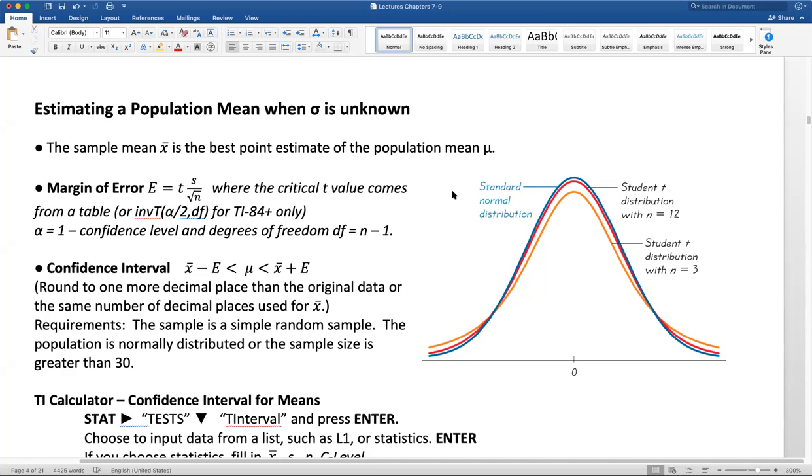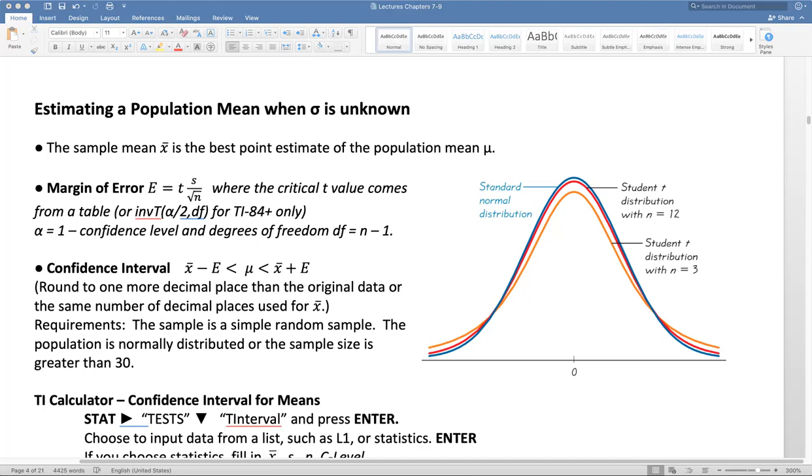So the best point estimate here is the sample mean X bar. What's a point estimate? The point estimate is a single real number, which is called a single value estimate of the population parameter, but in this section, the population mean mu.